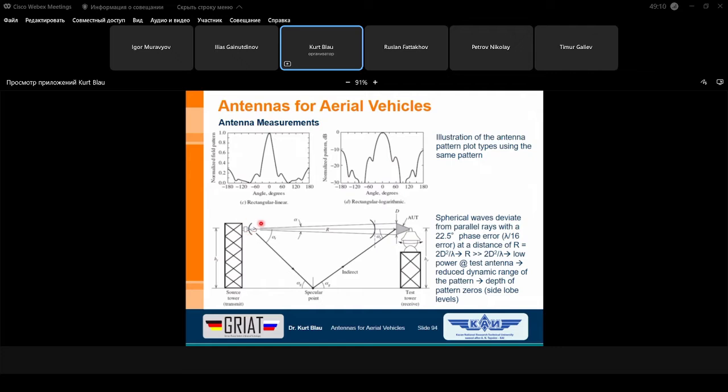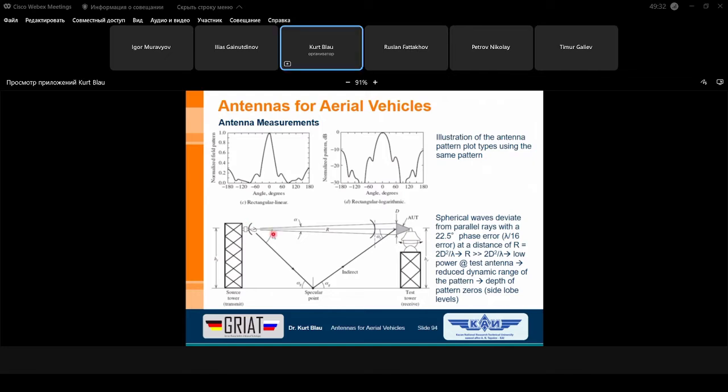antenna. If the illumination antenna does not have a high gain or a small half power beam width, that means the antenna also radiates behind its main beam.